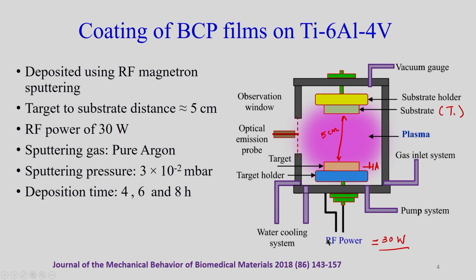Once we apply the RF power, as you remember from the working principle of RF sputtering, the inert gas will form the plasma, that plasma will act on the target, and the target material will get deposited on the substrate. The deposition time we varied as 4 hours, 6 hours and 8 hours.